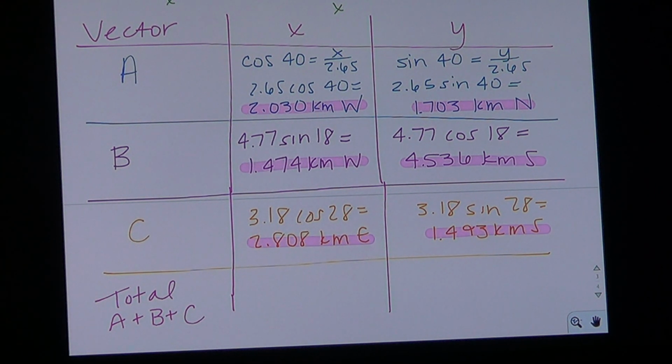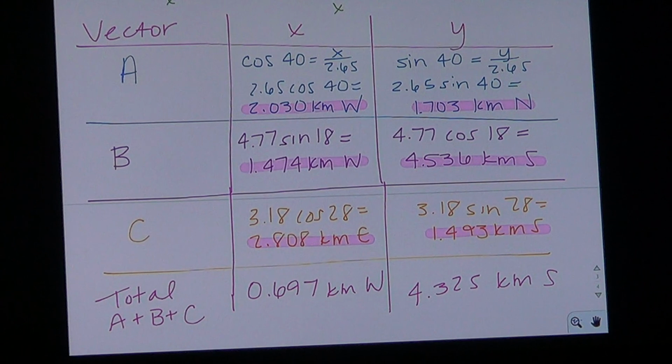Alright, I got 0.697 west. Good. And what about the Y components? I got 4.325 south. Good.